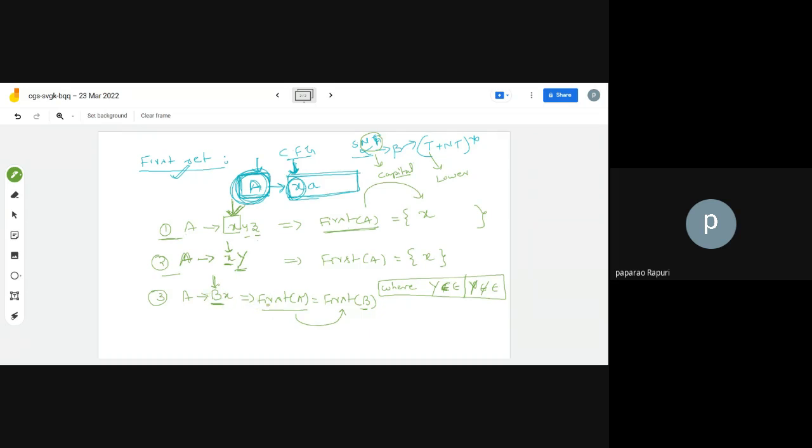So the first set of A equals the first set of B in this case.